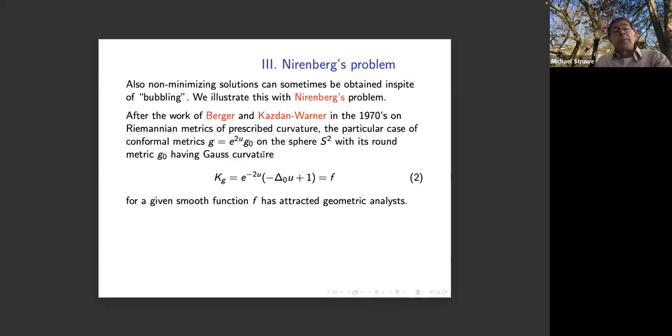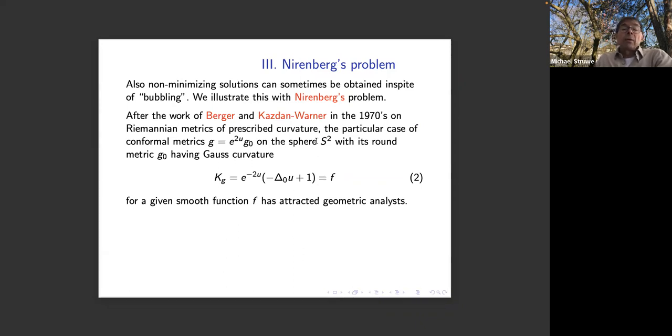It's about metrics of prescribed Gauss curvature on a closed surface. Again, we have a two-dimensional setting. Because of the Gauss equation for a conformal metric in the form e^{2u} g_0, the Gauss curvature is given by this.